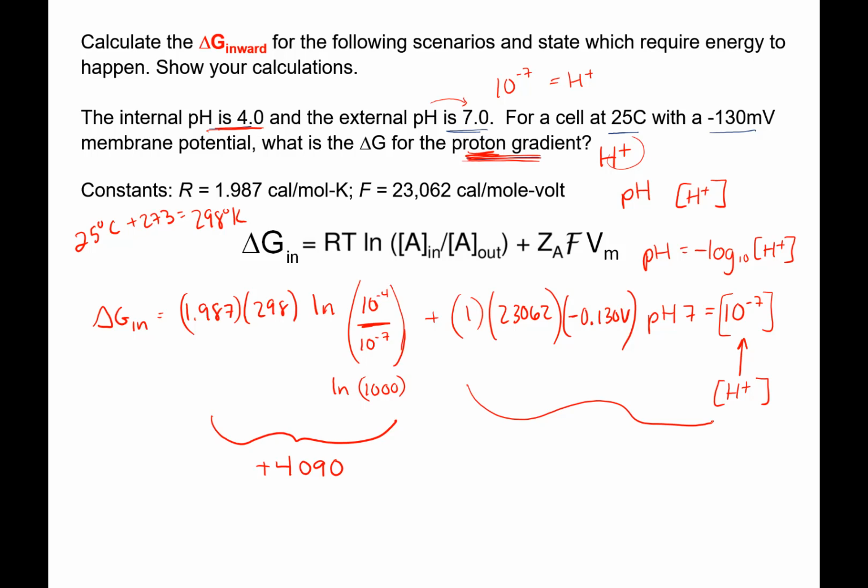And then I do this part of the equation, and I say 23062 times 0.130 negative equals negative 2998.